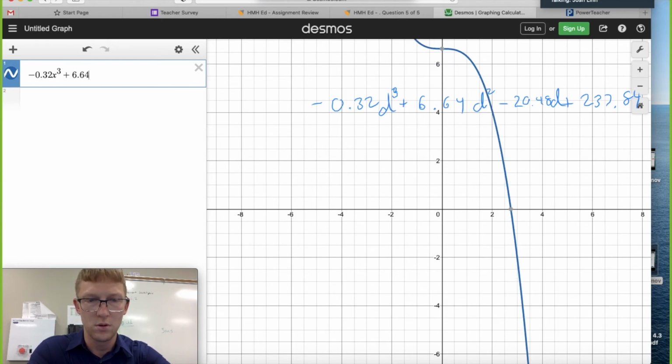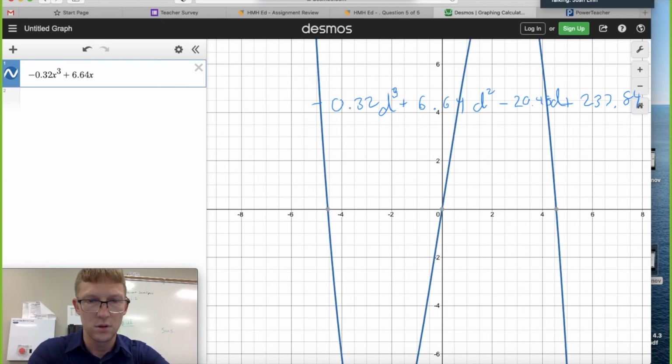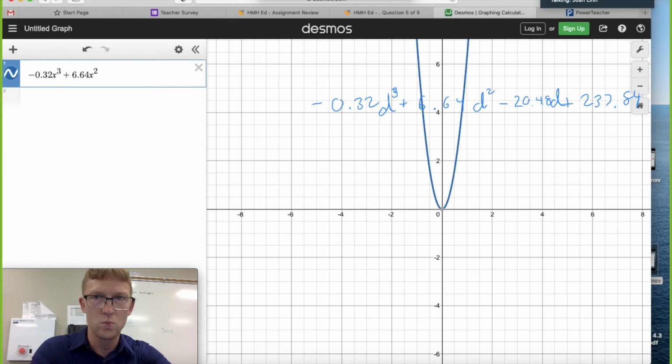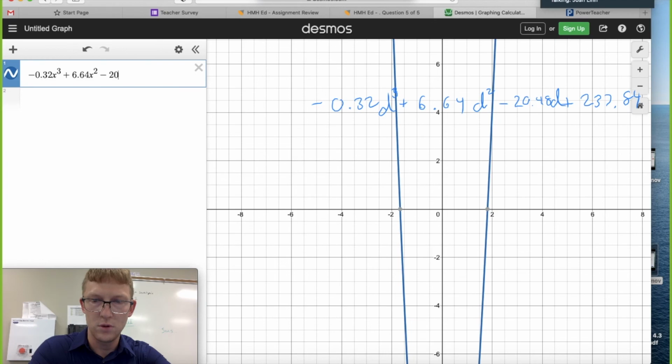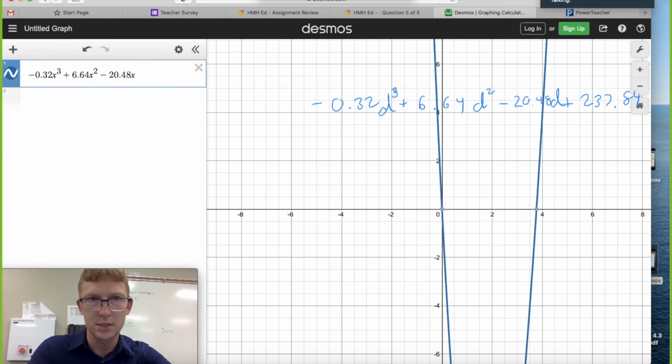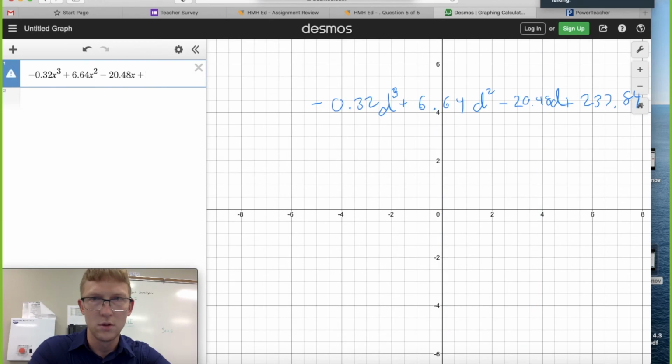6.64 X to the power of 2 minus 20.48 X plus 237.84.